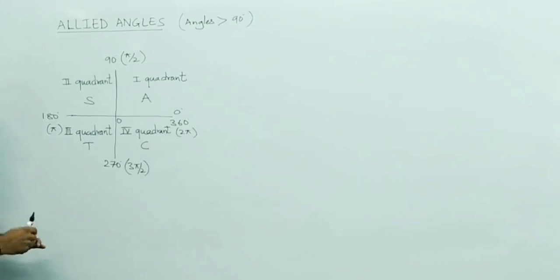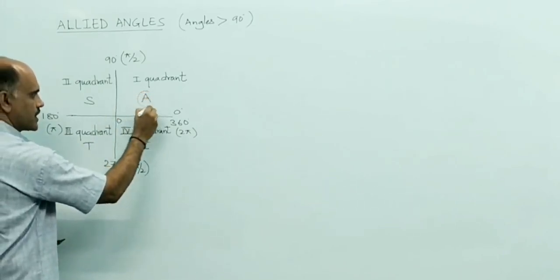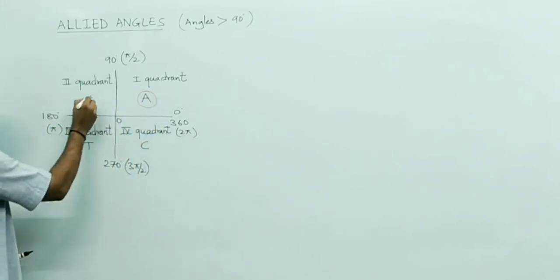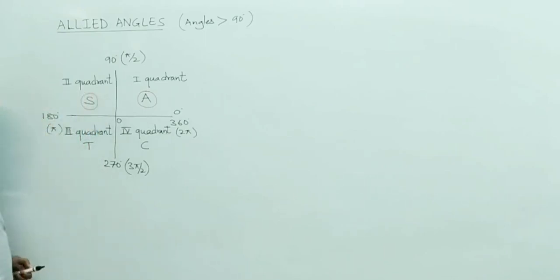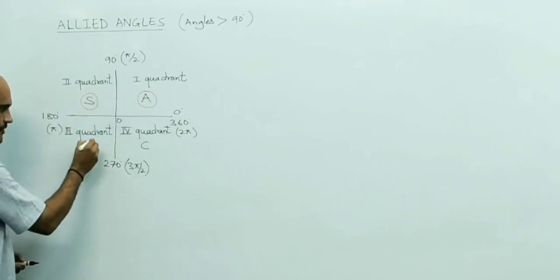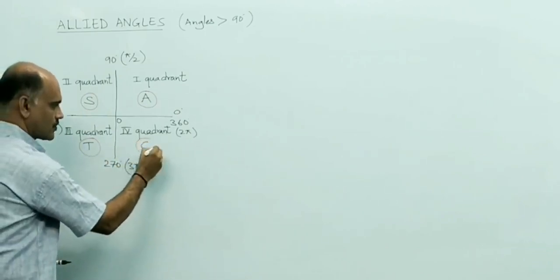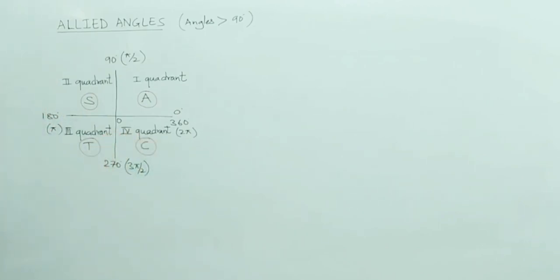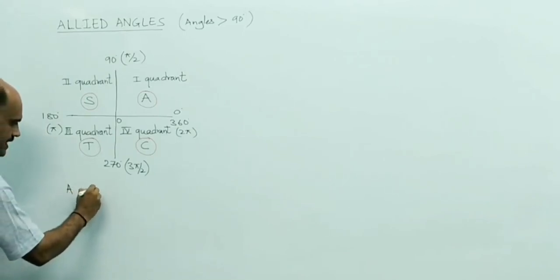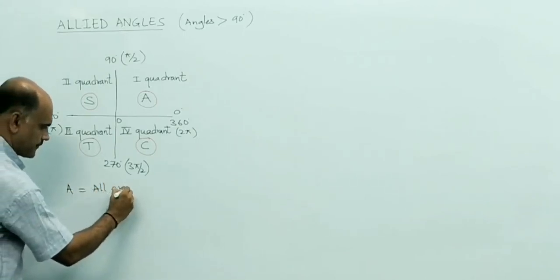So we call it the ASTC rule. So here all are positive. Here sine and its reciprocal cosec are positive. Here tan is positive. Here cos and secant are positive. So you may say A stands for all are positive.